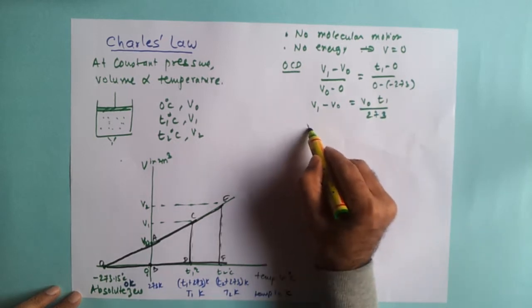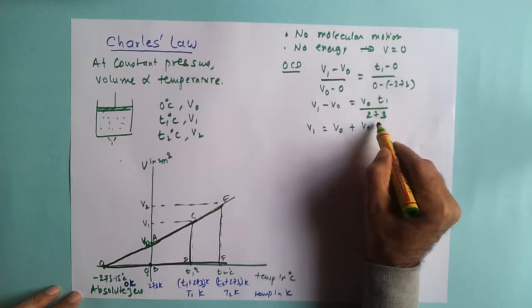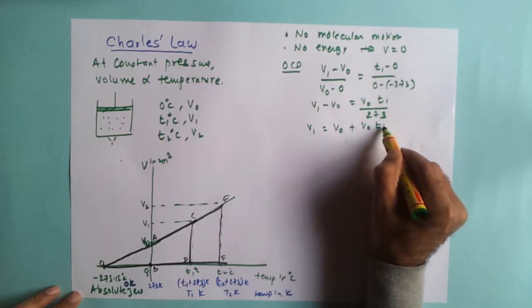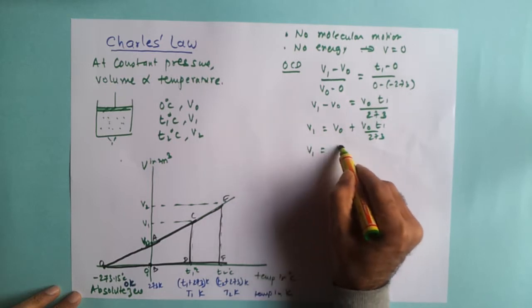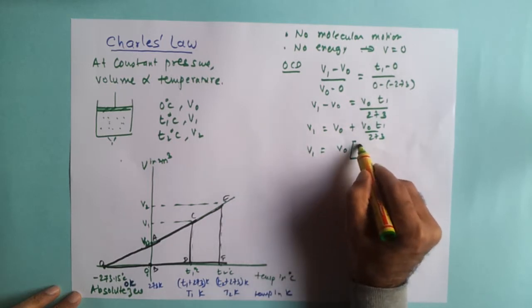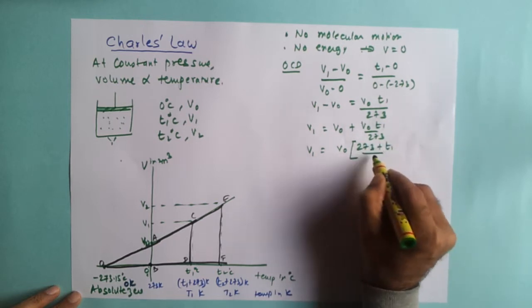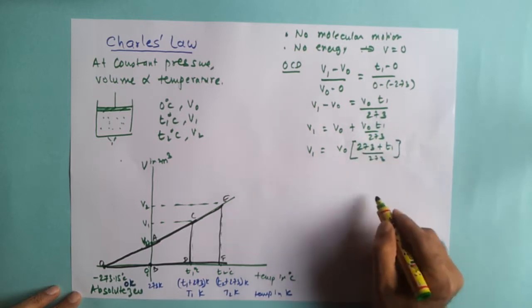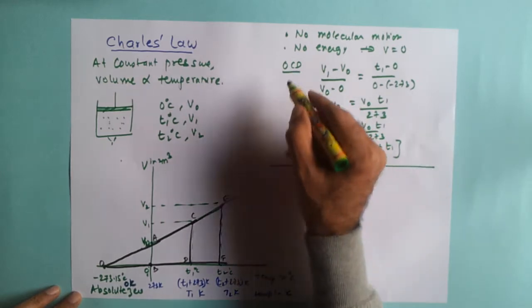So I can write this as V1 is equal to V0 plus V0 T1 upon 273, and therefore V1 is equal to V0 into 273 plus T1 upon 273. Okay, this is for triangle OCD.